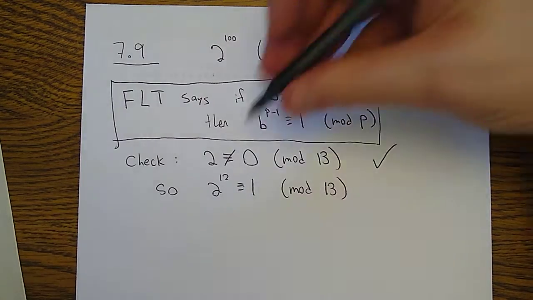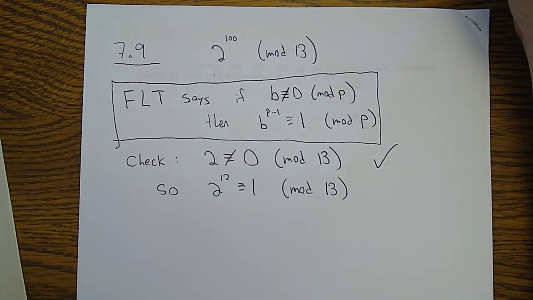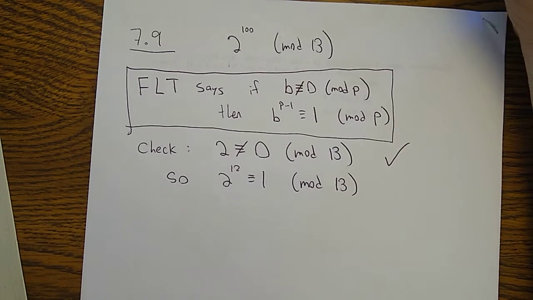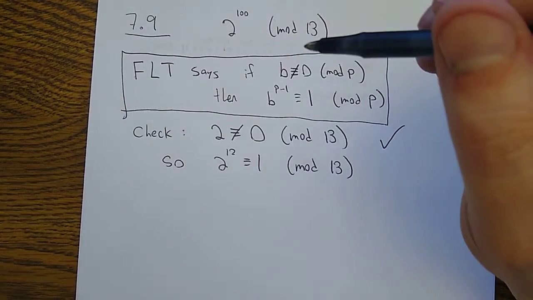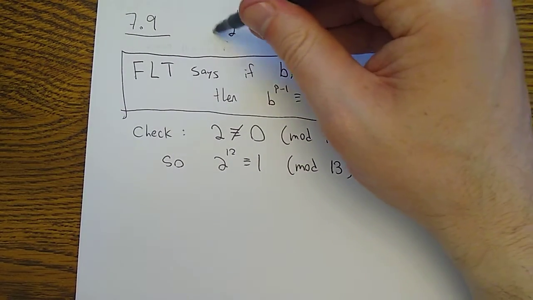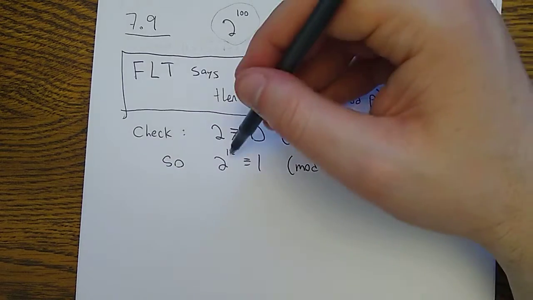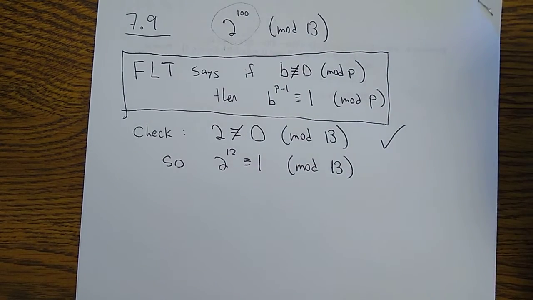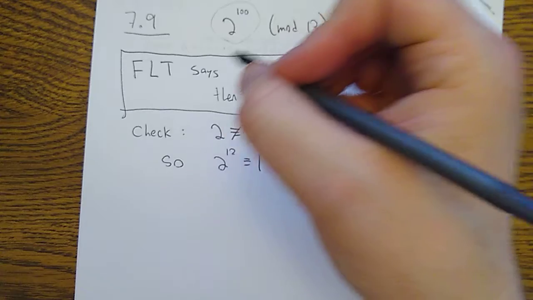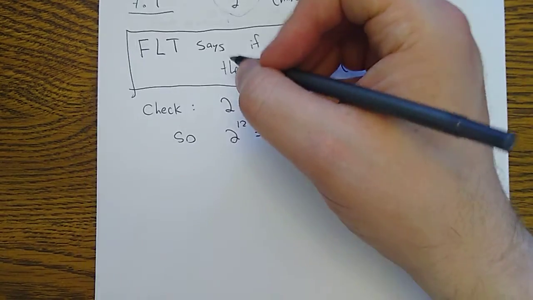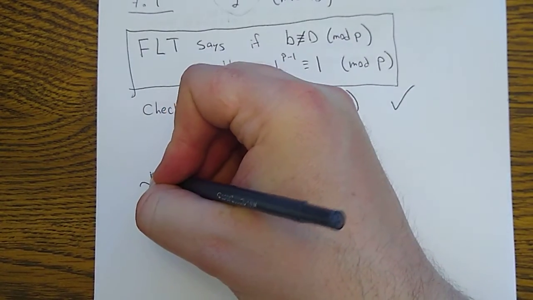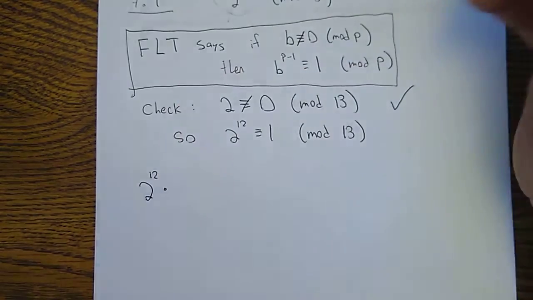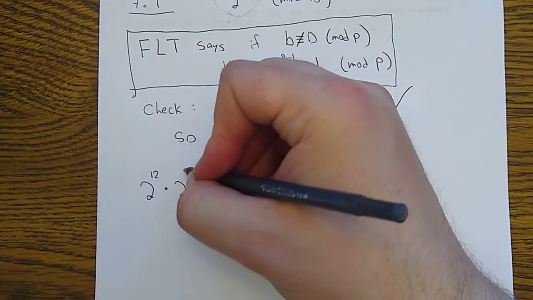Okay, well, that's great, but I want 2 to the 100th. How can I do that? So what I would like to do is build up 2 to the 100th out of things that I know. Let's see. Maybe the best way to do this, actually, let me keep this simple. If I do 2 to the 12th, there's 12 2's.